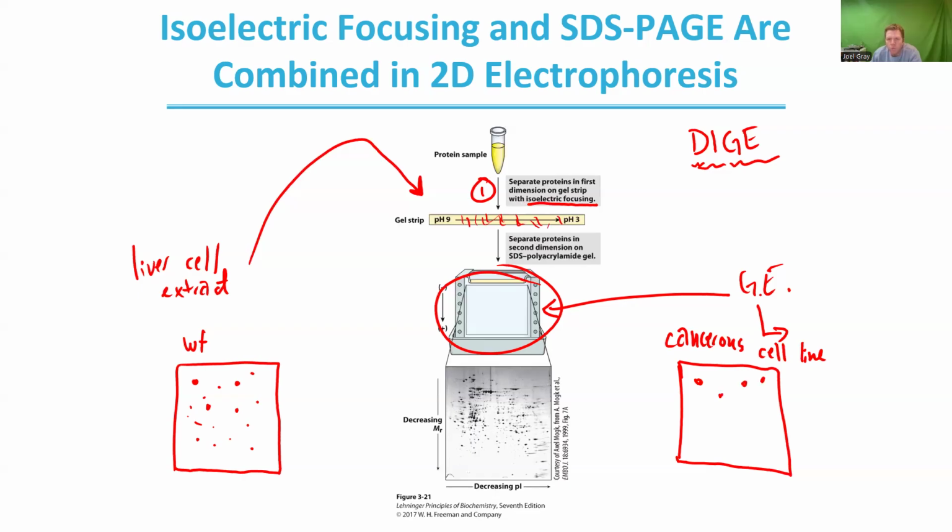And then you can overlay and compare these two. And you say, oh, okay, well, you know what? When we look at the healthy individual, we see that right there. Okay, and I can map that, and there, that's there. But then this protein, this protein, and some of the other ones are gone. What happened?